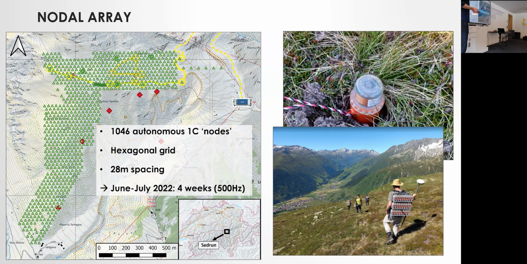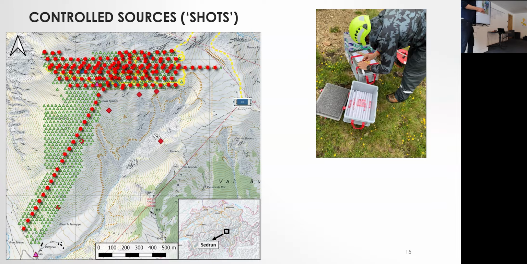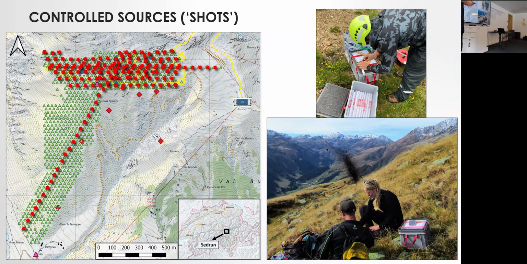Now then the last part of the main configuration are the controlled sources or active shots, where we drilled many 1-meter shot holes and equipped them with small explosive charges that we detonated and generated seismic waves that were recorded along the entire array.